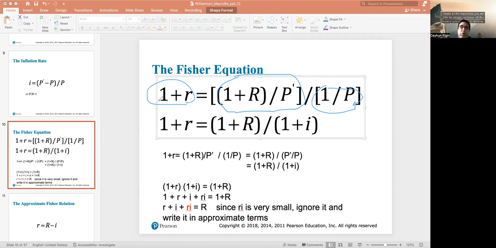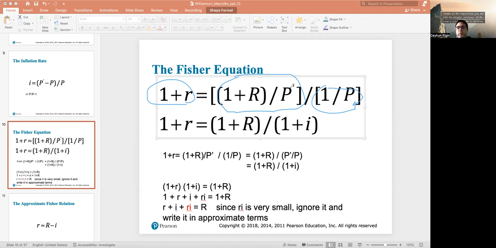So basically the equation itself is 1 plus the nominal interest rate divided by next year's price level, next year's CPI, divided by 1 over this year's CPI. This is 1 plus the real interest rate.